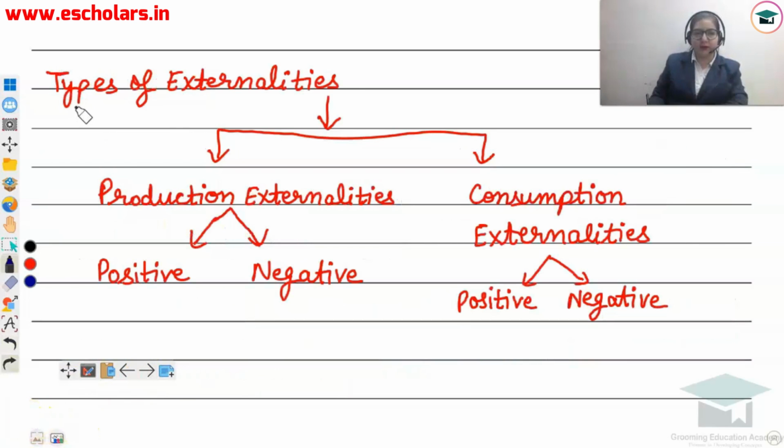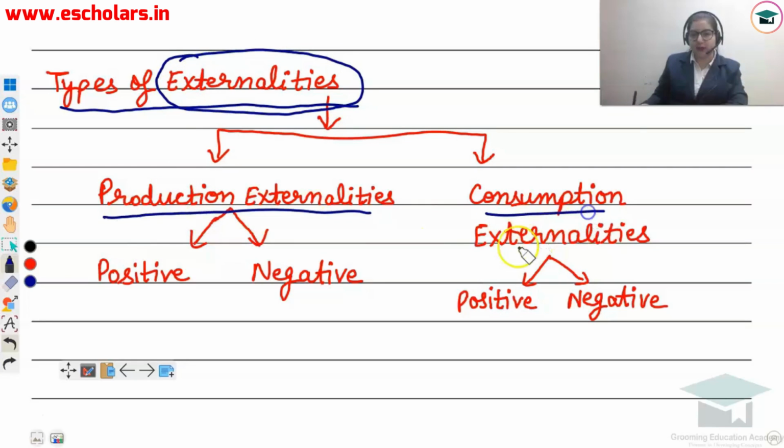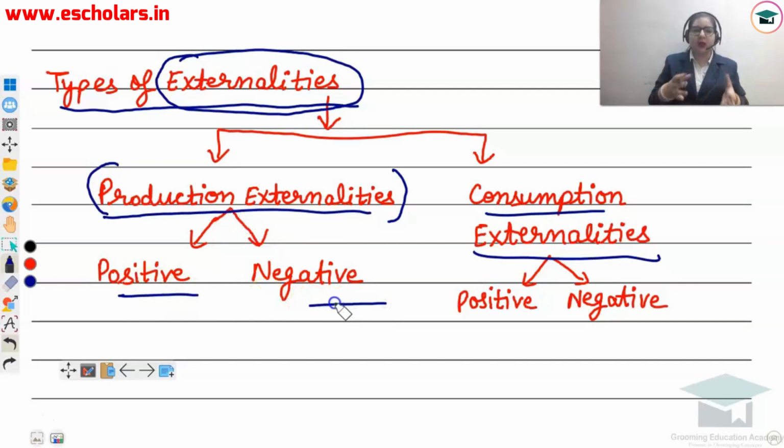Students, let's have an overview about the types of externalities. The externalities are basically classified into two, and those are production externalities and consumption externalities. Production externalities are those externalities, either positive or negative, which arise out of the production of goods and services. Whereas consumption externalities are those externalities, either positive or negative, which arise out of the consumption of goods and services.